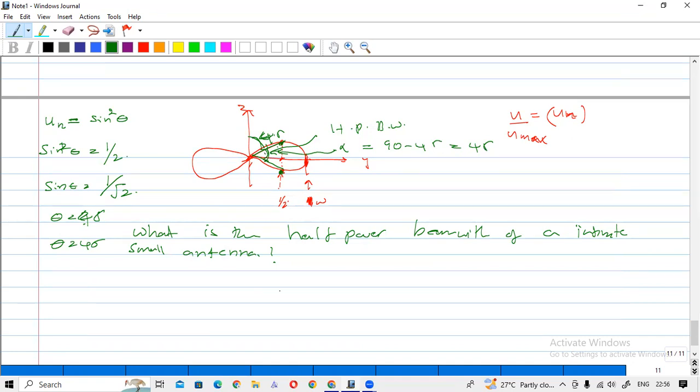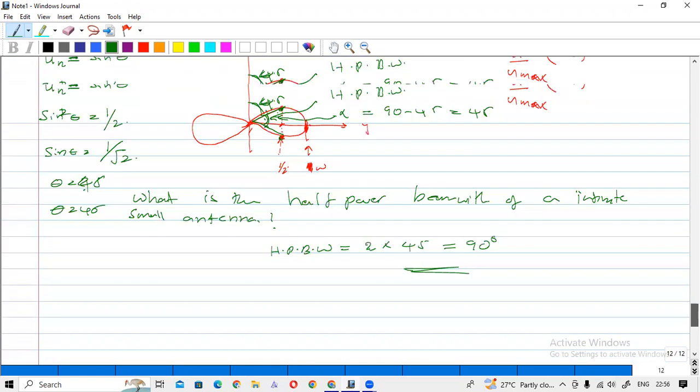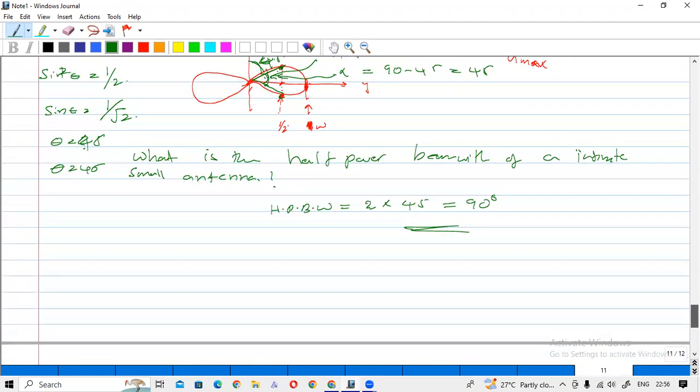So the HPBW for an infinitely small antenna is nothing but 2 times 45, that is 90. Please check it, I can't remember actually. So this should be the answer.